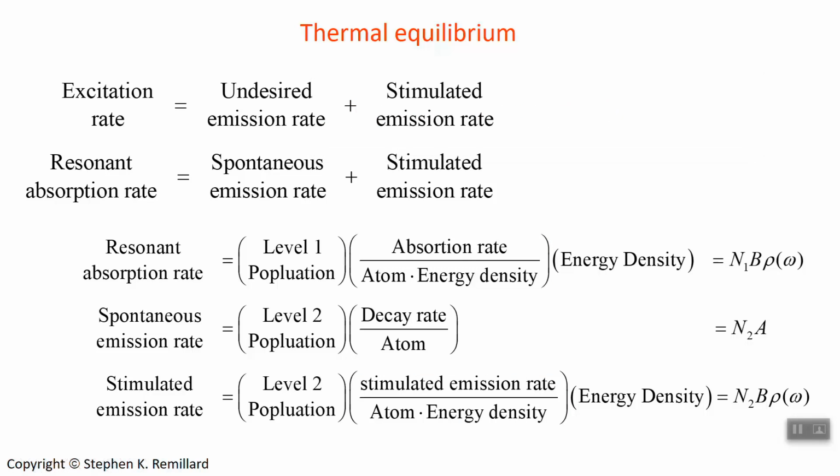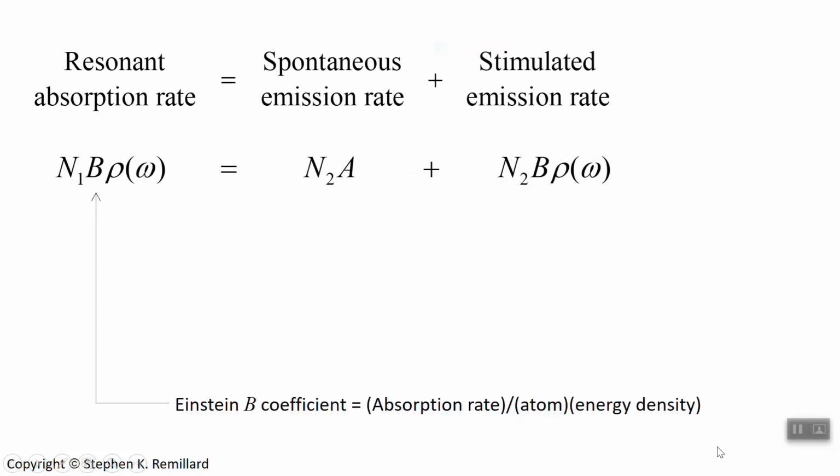You may have more atoms in the excited state, or more atoms in the ground state, but the probability is specific to just one system, one atom. So it's the same probability regardless of which way you're going to go with that photon. If your system can excite with the photon, or if your system can decay with that photon, it's the same probability. Write the expression this way: resonant absorption rate is spontaneous emission rate plus stimulated emission rate.